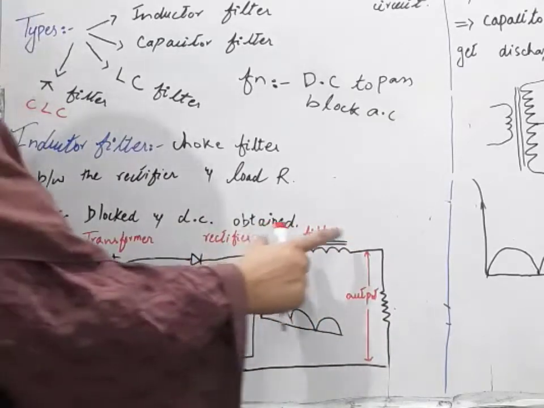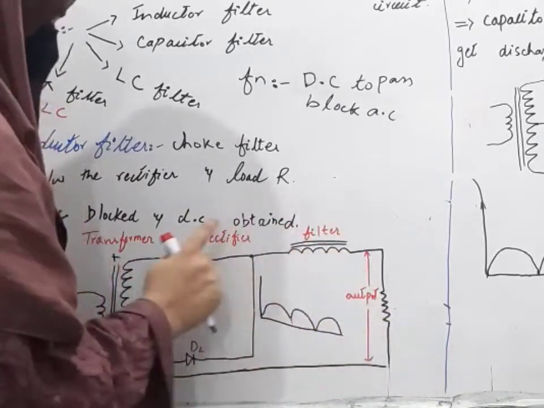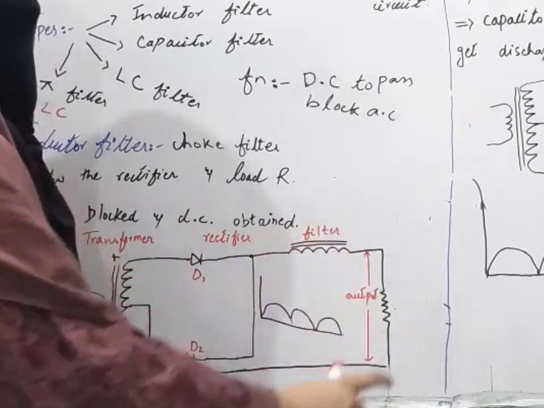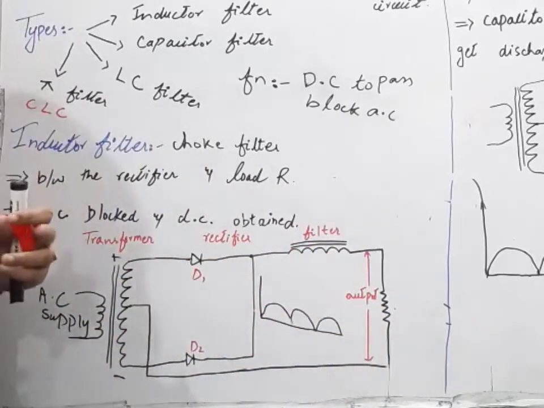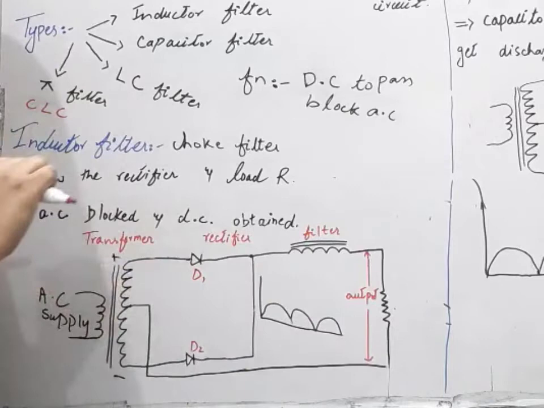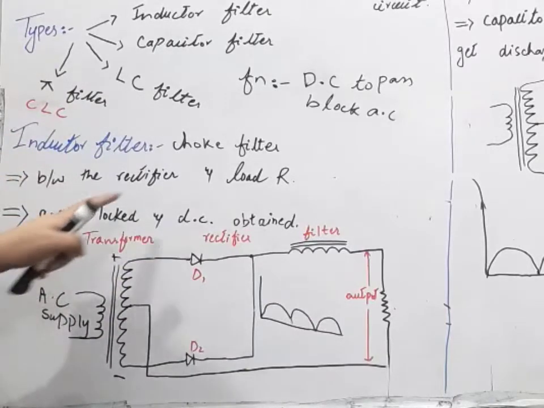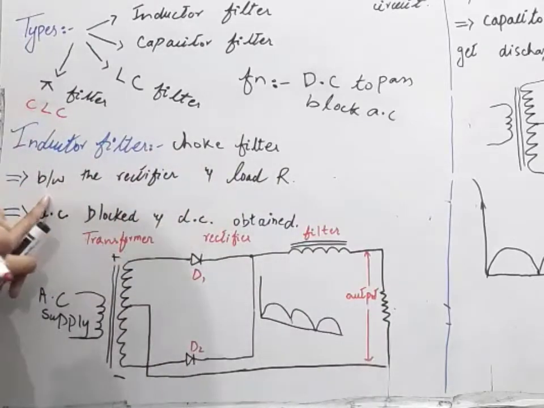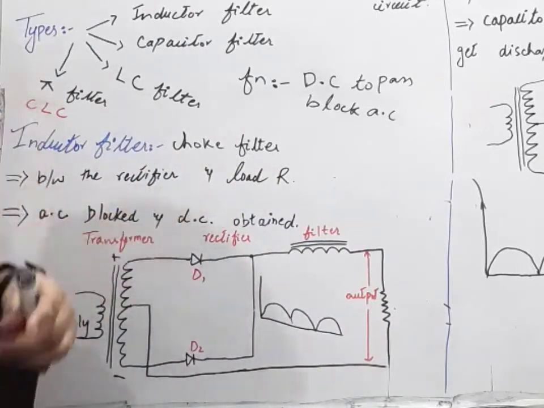It is connected in series, not in parallel. AC will be blocked and DC will be obtained at the final output.